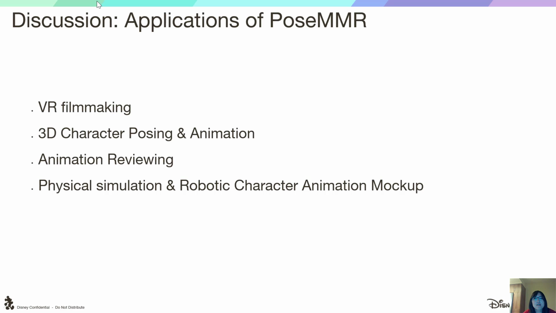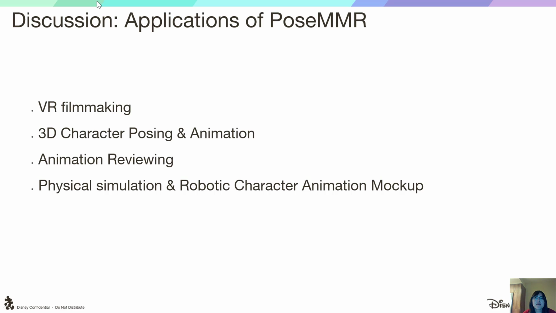Another one is animation review. It's one of the highlights that differentiates our system from a previous system, such as PoseVR. Directors, artists, and multiple users can come together in the virtual environment to review and discuss the animation.